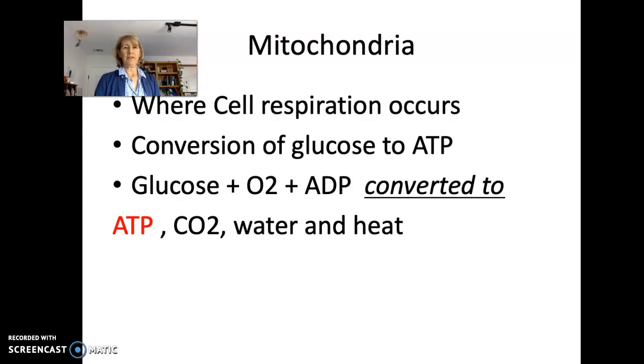So as a very oversimplification of this, you've had your breakfast, you've eaten your glucose. You're breathing, you've got your oxygen. ADP is the leftover ATP that you already used a phosphate from. So you've got that leftover, and between that leftover, oxygen and glucose, you can convert that and slap on another phosphate onto the adenosine diphosphate.